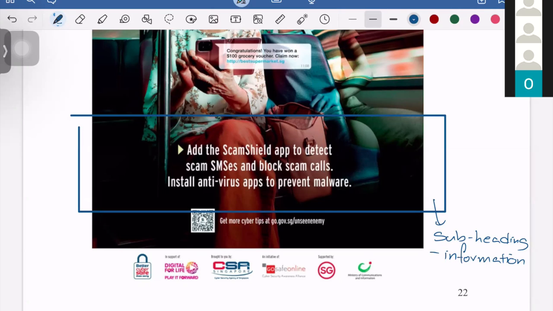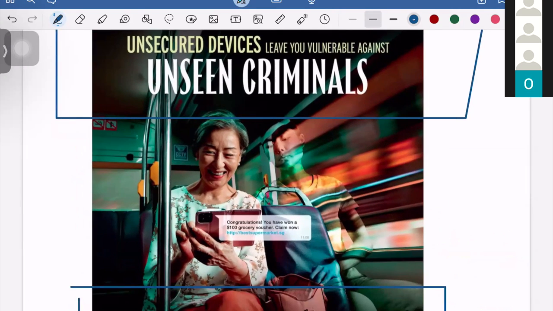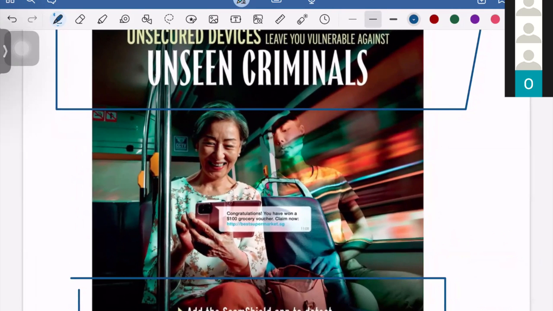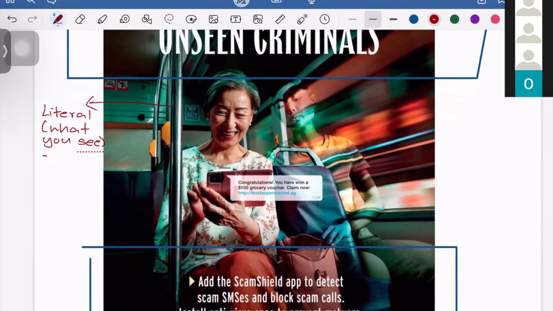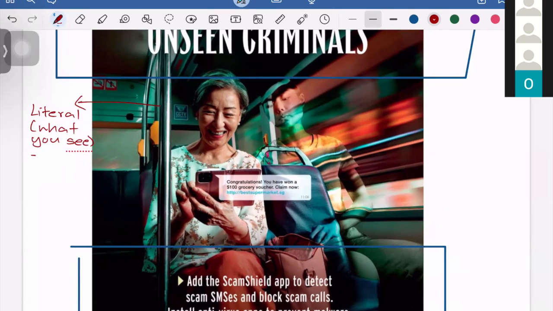You have your literal and you have your figurative. So literal is what you see. So just purely describing what is shown on this poster.